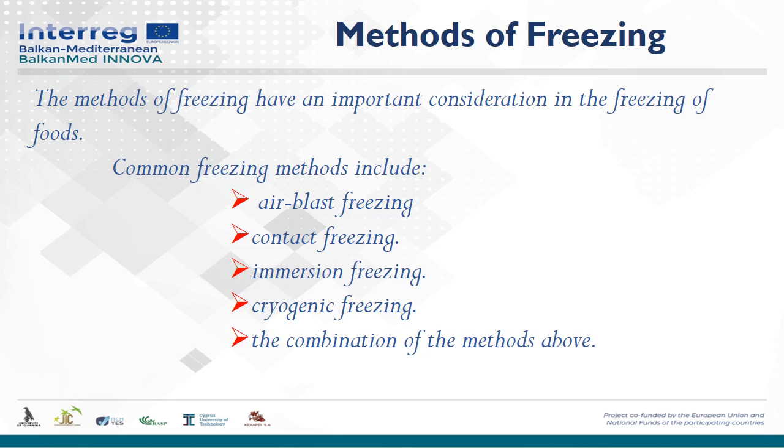Here the products are suspended by a cold airflow, usually at minus 40 degrees, and the high level of air movement and large surface area result in high rates of heat transfer and rapid freezing of food products.